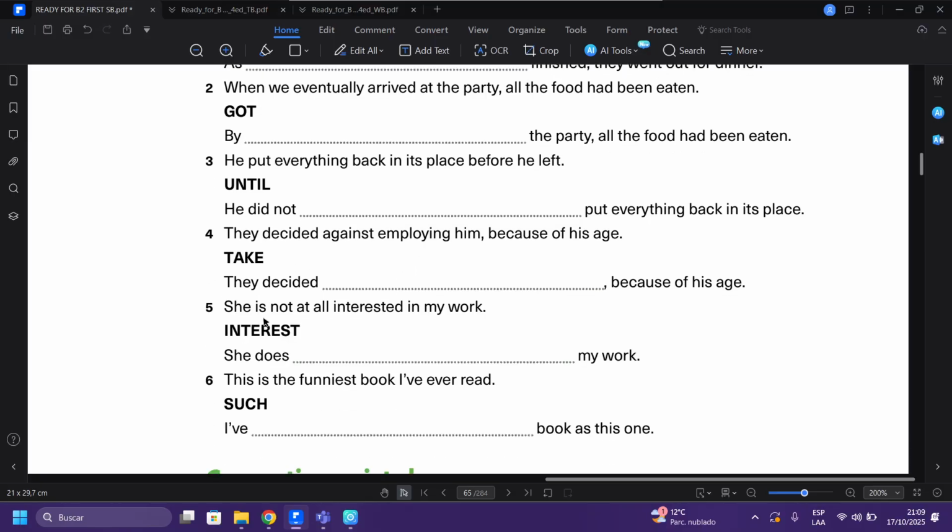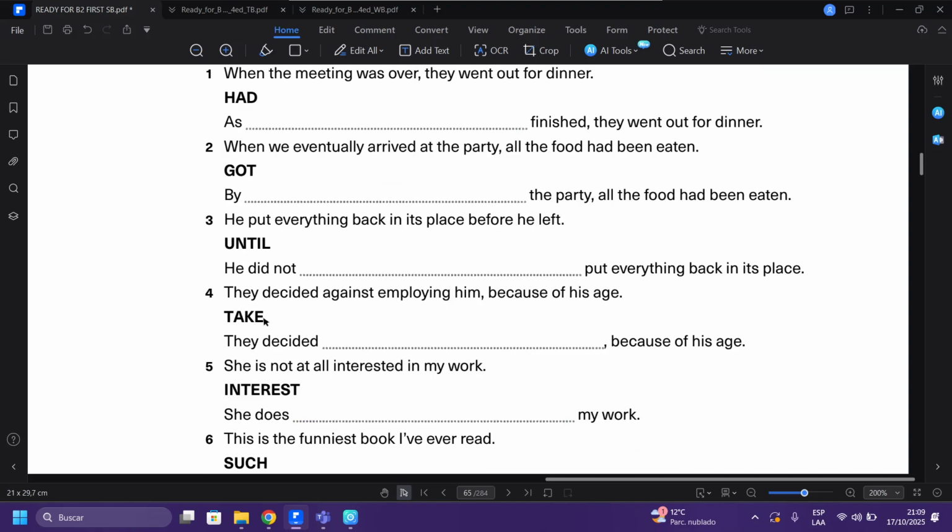Number three. Then we put everything back in its place before he left. What do you think is the answer here?